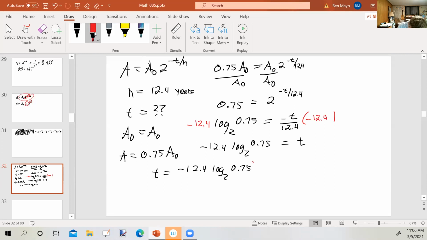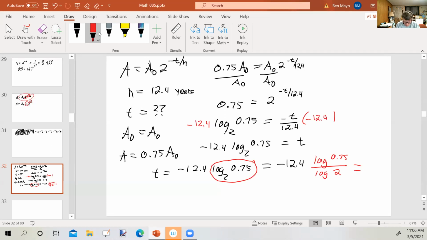I'm going to take this and use the change of base formula. So it's going to be negative 12.4 times the log of 0.75 over the log of 2. And I'm going to go ahead and use base 10 on my logs. That's going to go into the calculator.